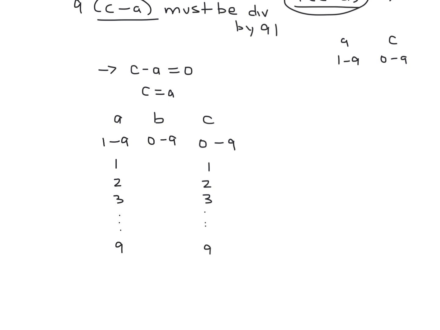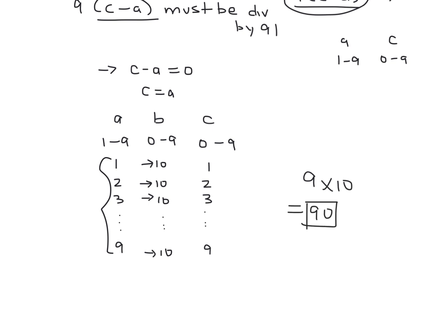But then for each of those, there's 10 choices for B. So there's 9 scenarios where A is equal to C, and then from each of those scenarios, there's 10 choices for B. So the total would be 90. And that is pretty much the answer to the question: how many 6-digit numbers are divisible by 91.